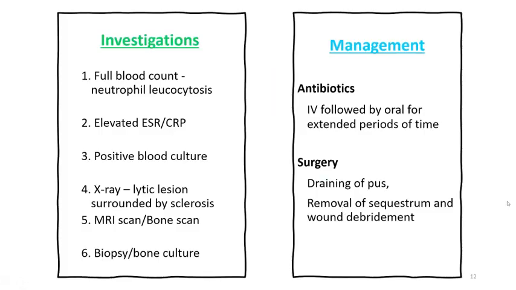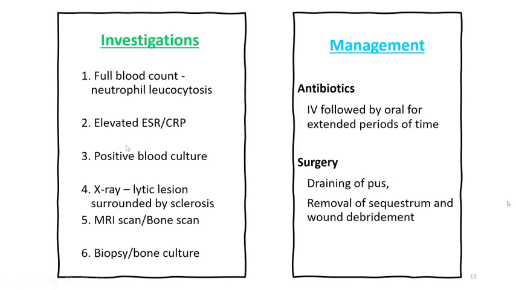So if we do the investigations, the full blood count, as it is a kind of acute inflammation, you can see neutrophil leukocytosis. That means high WBC count and high neutrophil count. And the other inflammatory markers like CRP will be elevated, and you will get a high ESR level as well.